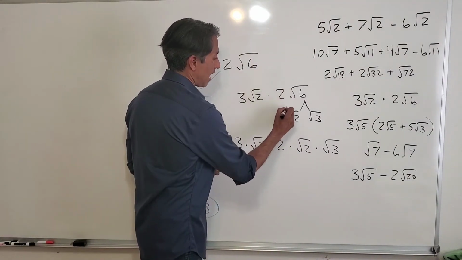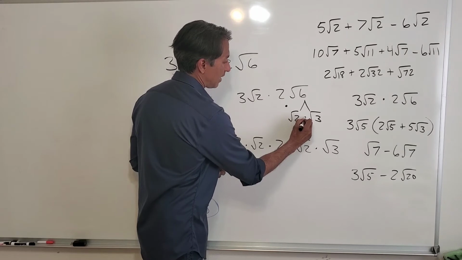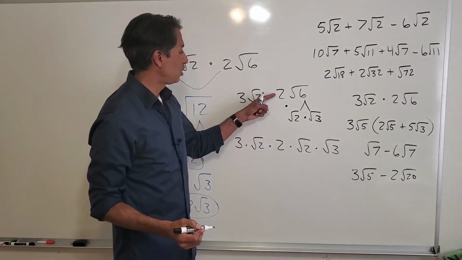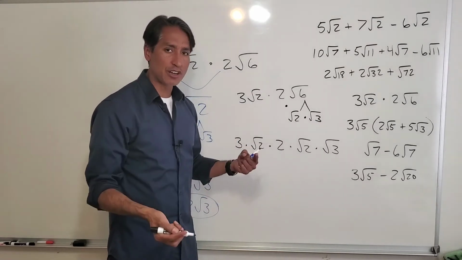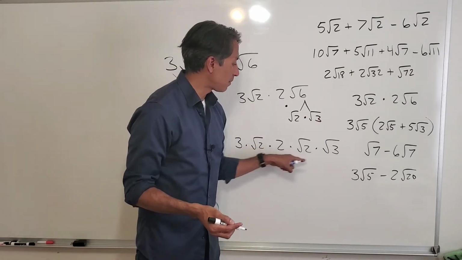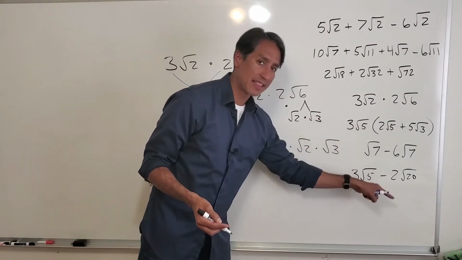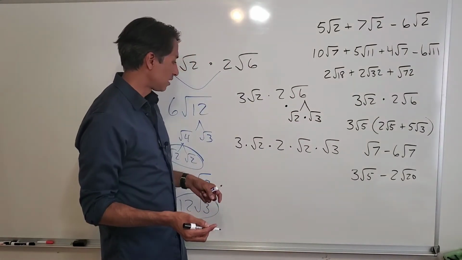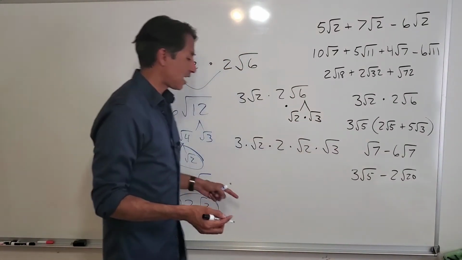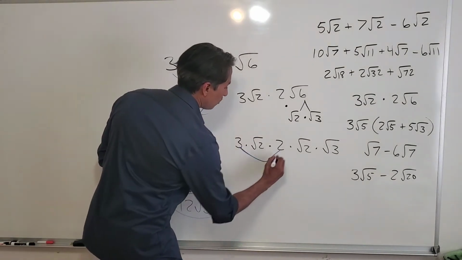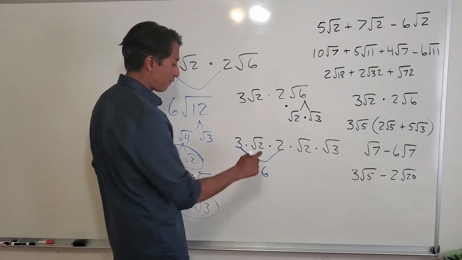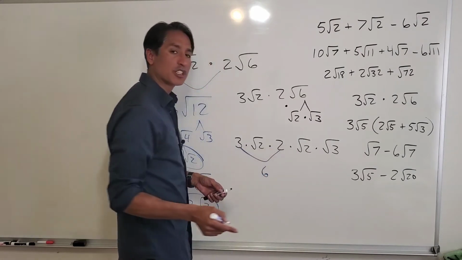So it was this guy times this guy times this guy. I just did 2 times square root 2 times square root 3. Because again, we've already learned that if I bust these apart like that, I can easily combine them to get a square root 6. Now that I have all of this, I can multiply everything out. So I have a 3 and a 2, which is a 6. I have a square root of 2 times a square root of 2.